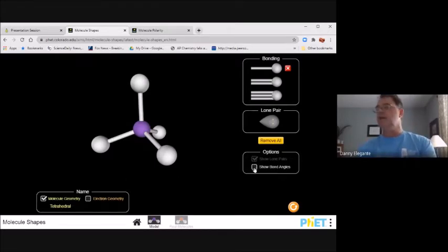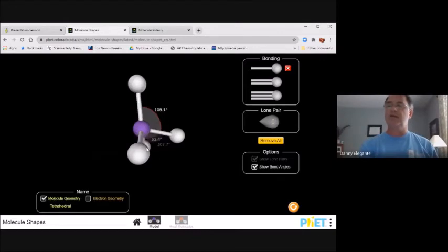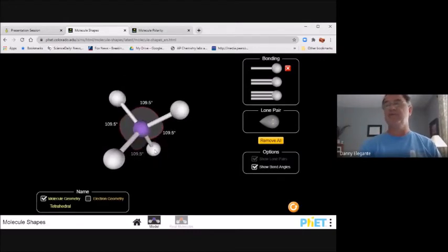And if we look at the bond angle in 3D space, this would have a bond angle of about 109.5. That's because in three-dimensional space, that's as far as those bonds can get away from each other. So four things bonded to it is about 109.5.